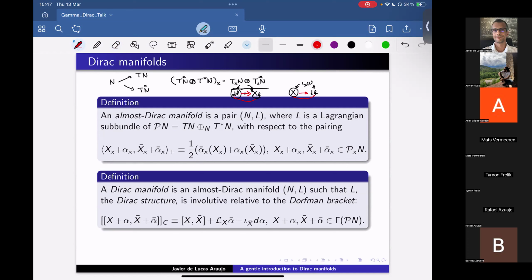So the idea of Dirac structure is this relation between differentials of admissible functions and Hamiltonian vector fields, to describe them as subbundles of here and look for certain properties.